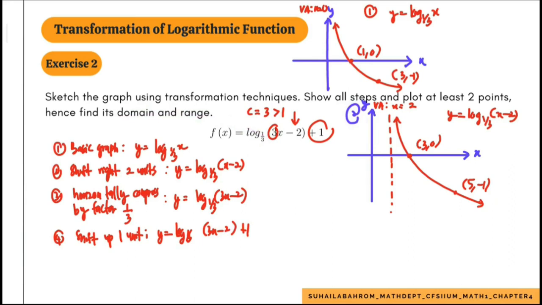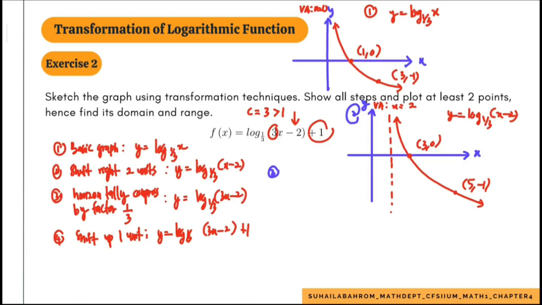And then the third graph, which is horizontally compressed by a factor of 1/3. Since it is horizontally compressed, the change is on the x.